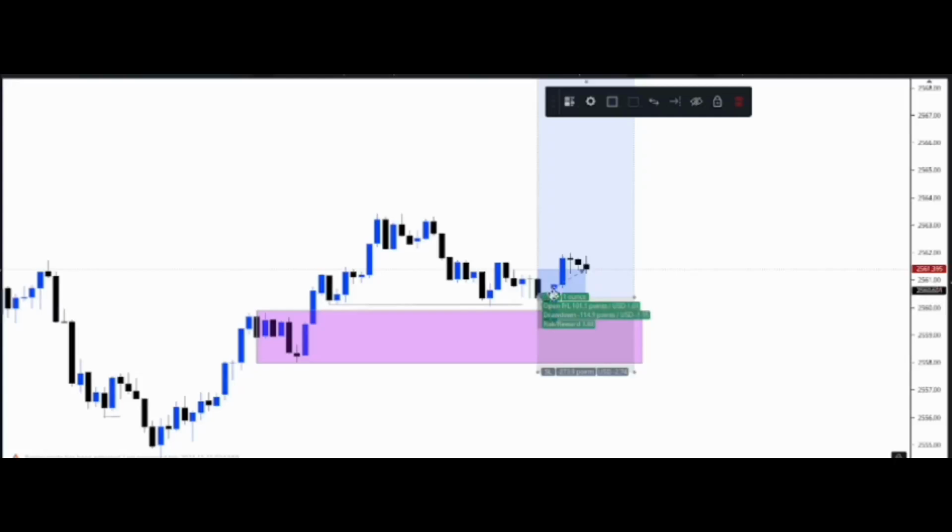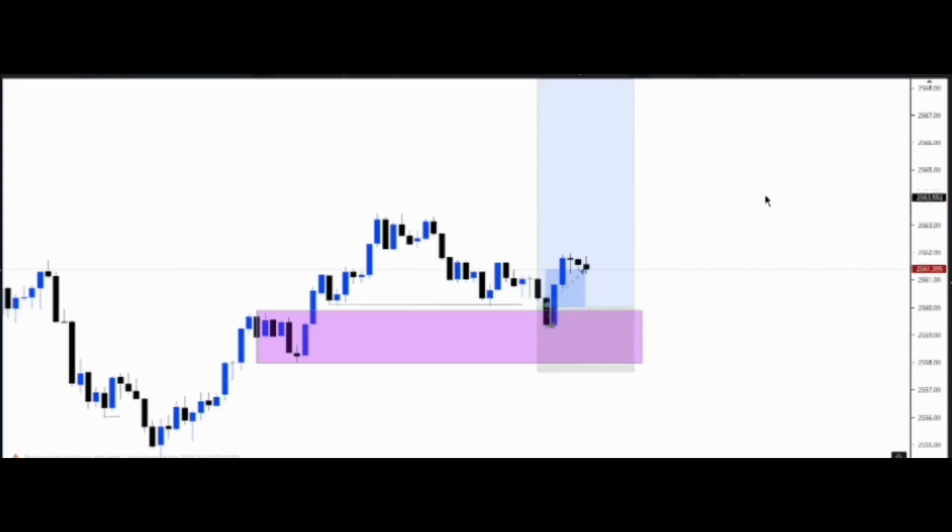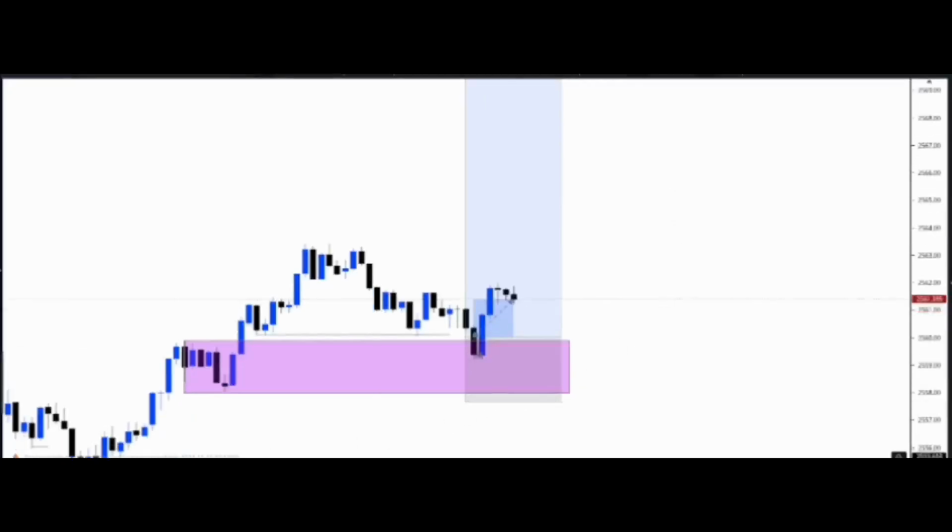Give a buffer. Okay, so if it goes our way, it will give us 4.64 R. That's our first target. And then we can now take it to the second target. But let's continue to advance price and see what happens.